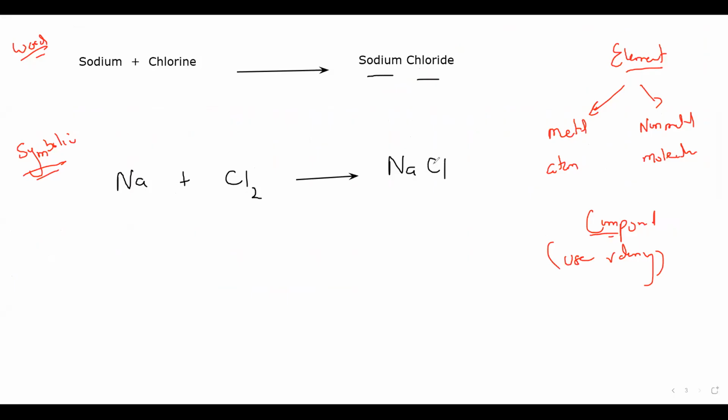So first, we completed the equation, because there are 2 steps. Number 1 is completing the equation. Number 2 is balancing the equation. How to write the formula of a compound, we already discussed.